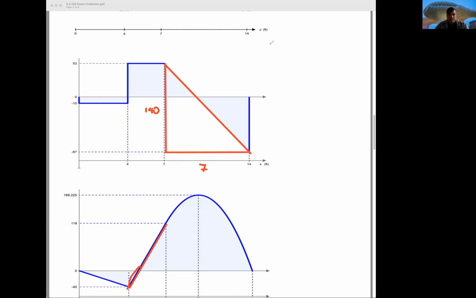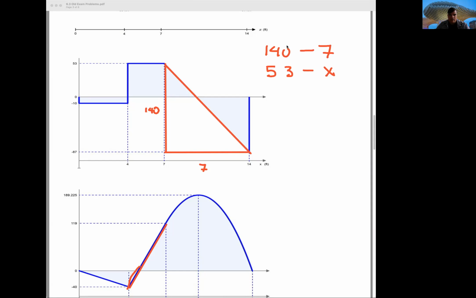Well, this is not a difficult one. I just say 140 is to 7, the same as 53 is to x. And I can do that in proportions because it's very easy.